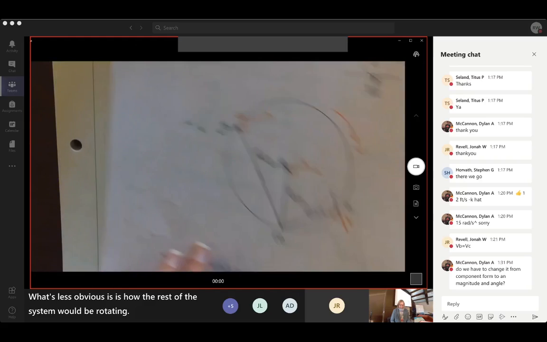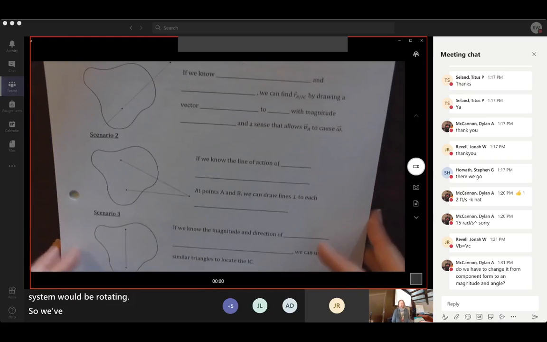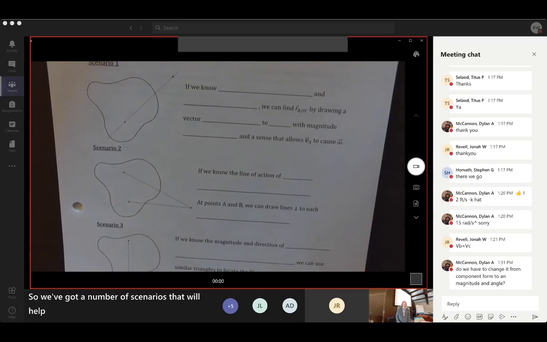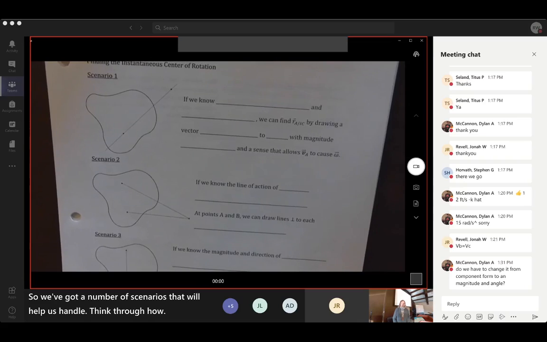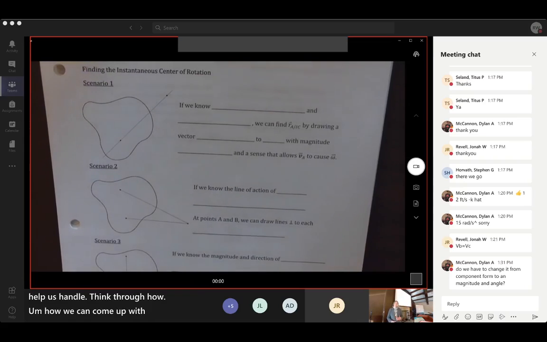So we've got a number of scenarios that will help us think through how we can come up with an instantaneous center of rotation. There's a really big sigh from somebody. Okay, so this looks intimidating. It's not quite as bad as it looks.